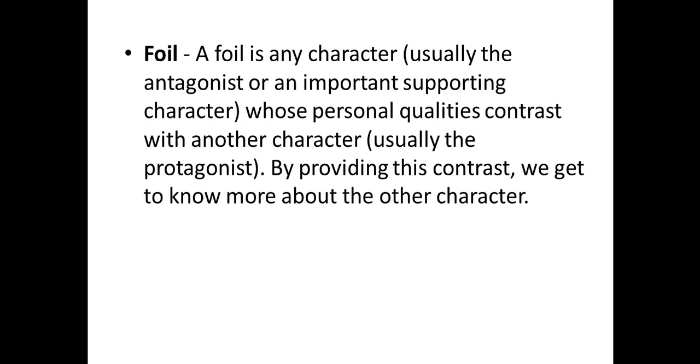The aim of the author is to make his protagonist appear in a clear and better situation to his readers. By providing this contrast, we get to know more about the other character. The foil may lead you to know about the protagonist and the major one.